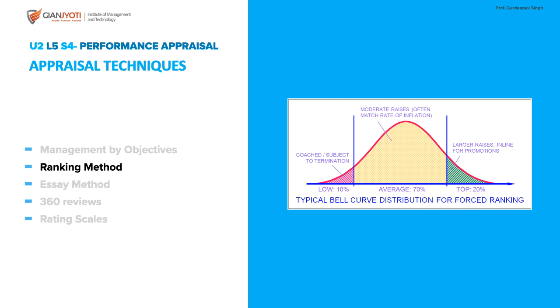And the last, if you remember the sales learning curve, we put in the top 20% who are doing exceptionally well, and they are bringing sales of around 5 times more than the compensation which they are getting. So generally, the ranking method follows normally a bell curve. So that is the normal distribution.